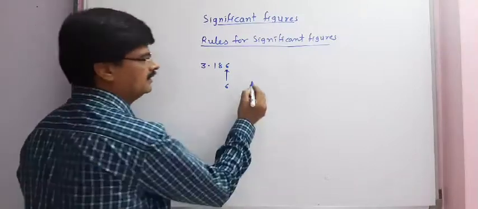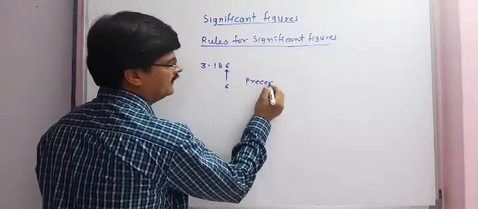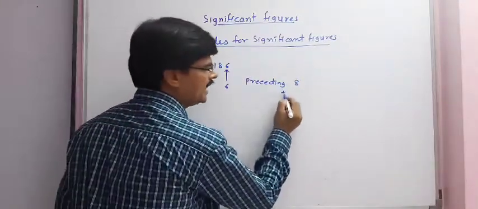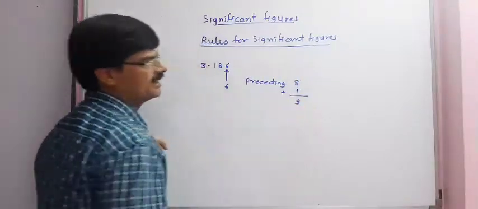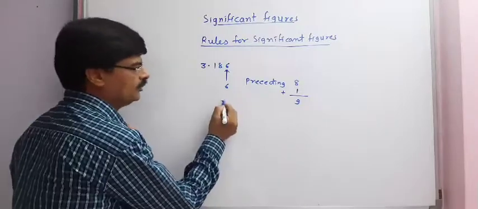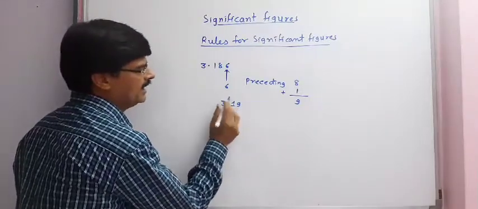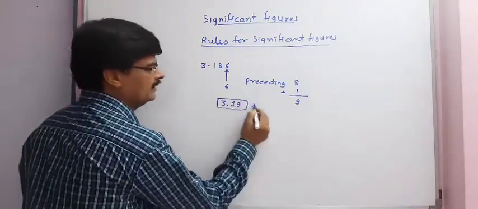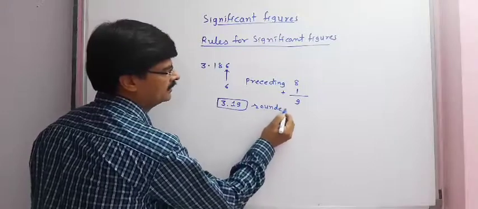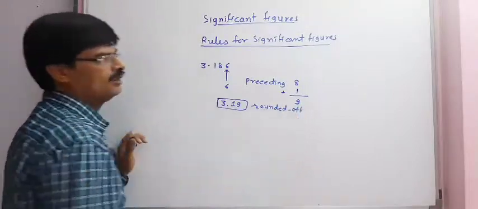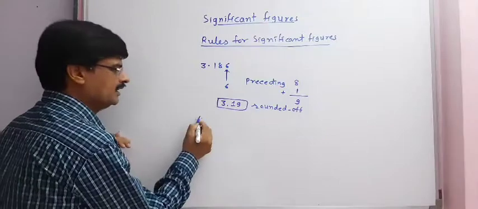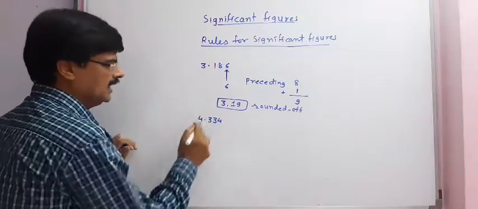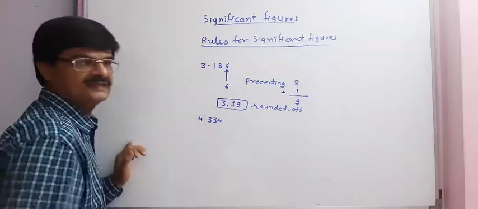Then the preceding digit 8 should be increased by 1, so 8 plus 1 is 9. The final answer will be 3.19. We can say it is the rounded off answer.